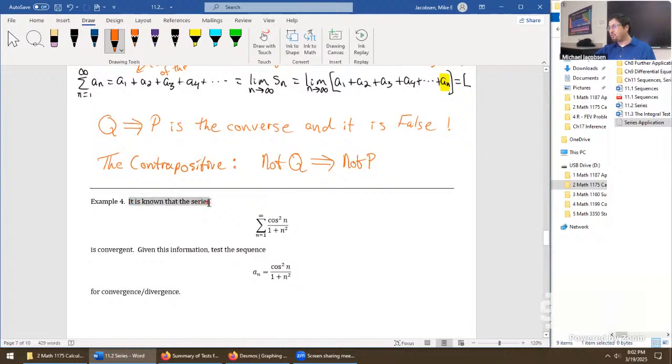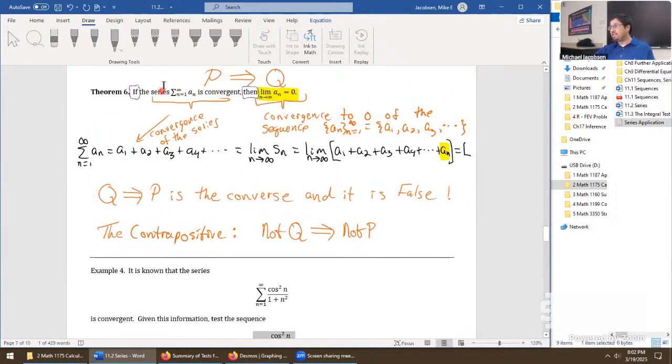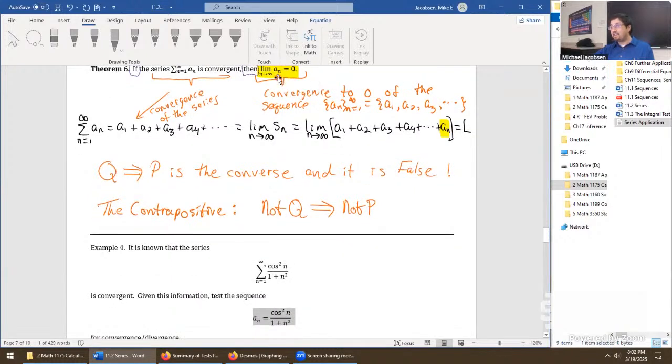It says it is known that the series is convergent. So you'll have to trust me on this for the moment. But we can test that when we're in the comparison tests later on, section 11.4. But knowing that this is convergent, we can take a look at the sequence itself, test it for convergence and divergence. But up here it says if the series converges, then the sequence a_n, if we put the limit as n goes to infinity, it's just automatically zero.